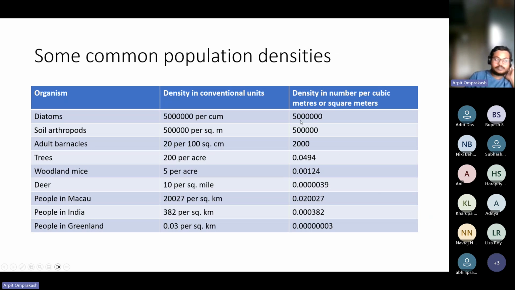So here we have somewhere around 5 million diatoms per cubic meter, whereas when we are comparing people, we have only 0.03 people per square kilometer in a place like Greenland. Right. So this shows how varying these population densities might be for different species.